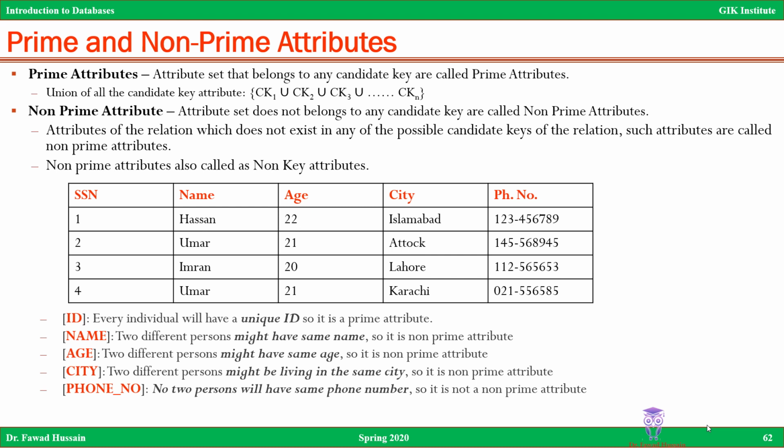Besides, if you have a social security number, you don't need anything else to form uniqueness. Social security number itself is unique. So all I need to do is underline this to show that this is my primary key, and therefore this is a prime attribute, and all the rest are non-prime attributes.